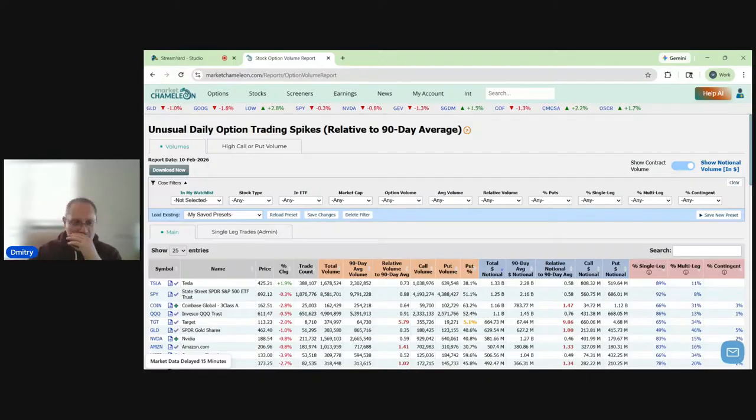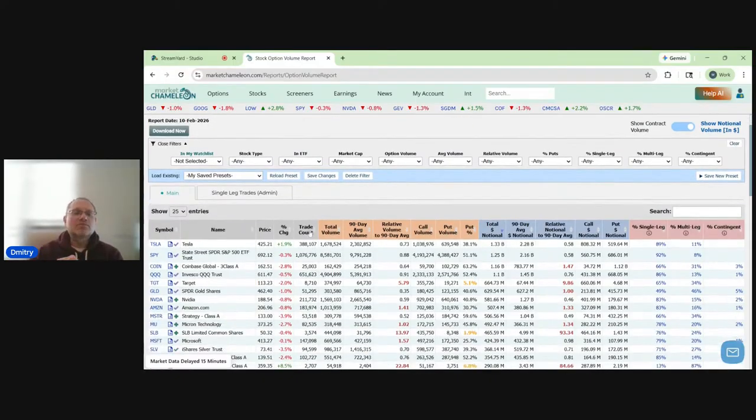So up top here in this report, we see stock symbols, and next to these stock symbols, these are stocks that have trading volume on a day, and next to each symbol we have a breakdown of the volume for that particular underlying.